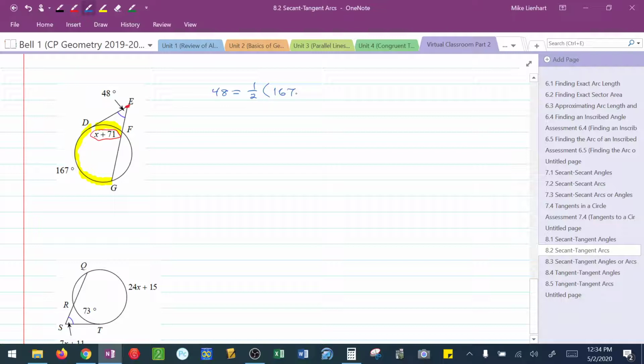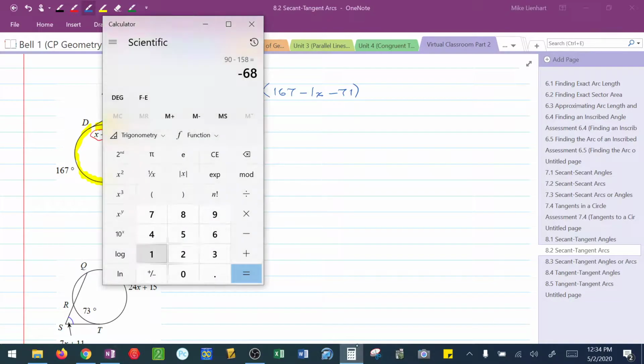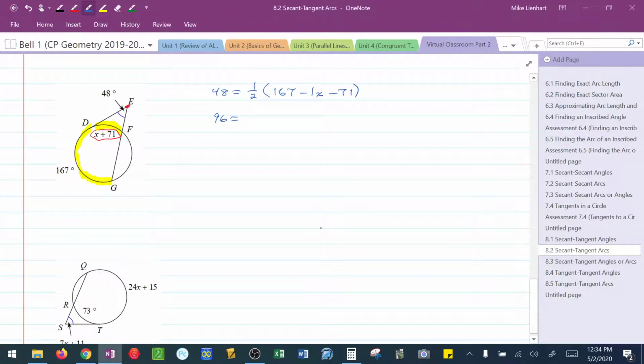I have to subtract the small arc, so I'm going to say minus 1x minus 71. I have to subtract both pieces of that smaller arc. I'm going to double 48, which gives me 96 is equal to 167 minus 71, which is 96, minus 1x. If I subtract this 96, I get 0 is equal to negative 1x. If I take 0 divided by negative 1, I get x is equal to 0.